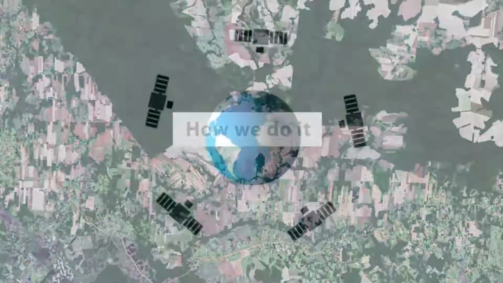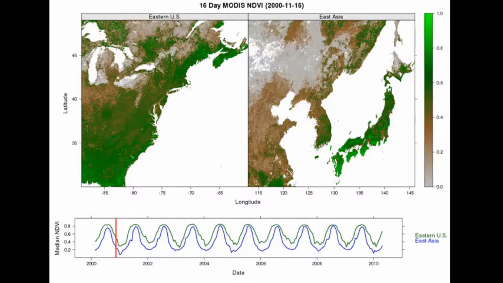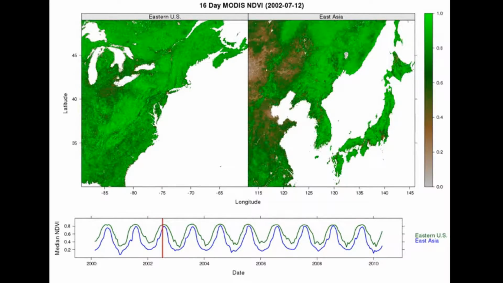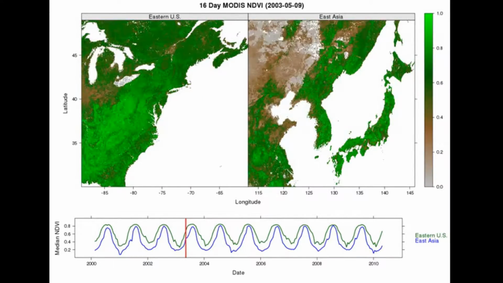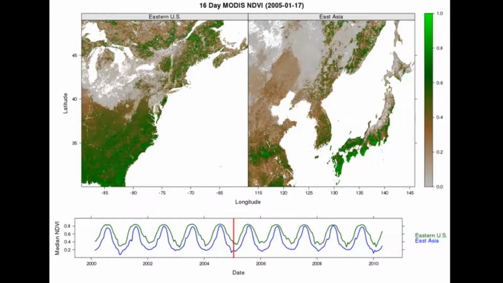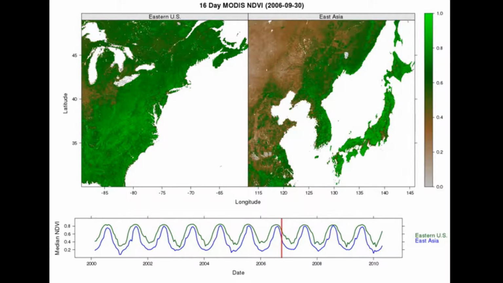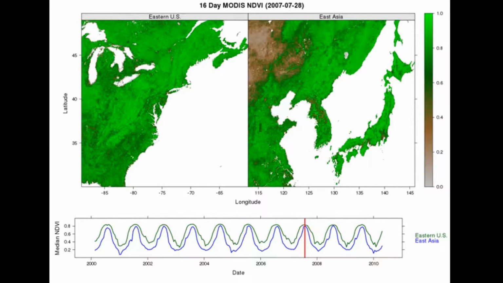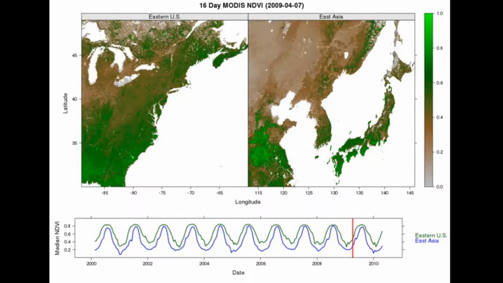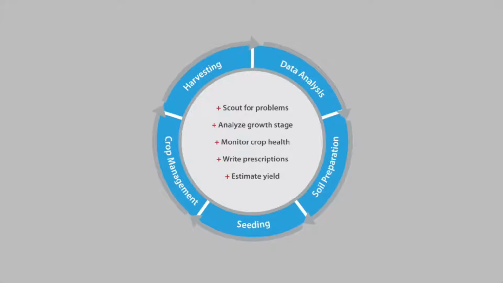So how do we do all of this? Our constellation of satellites captures more than 5 over your area of interest multiple times throughout the growing season.